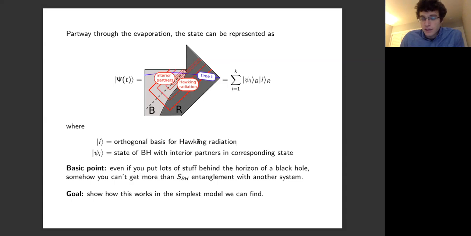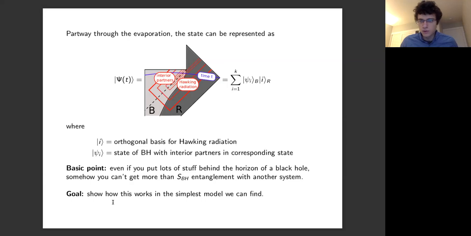So at very late time in an evaporating black hole, it looks like you're going to get a huge amount of entanglement between R and B because you have a very large number of these Hawking partners. But the claim is that you can't get that much entanglement because no matter what you put back here, the entanglement of the black hole with the radiation or with any system can be no greater than S_BH. So that's a sharpening of this Page curve phenomenon.